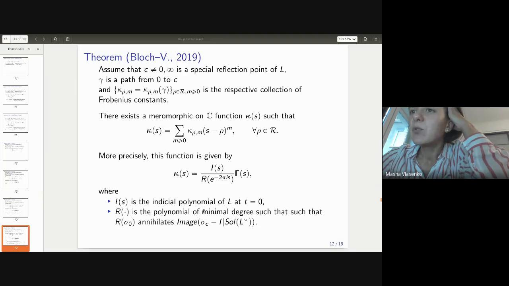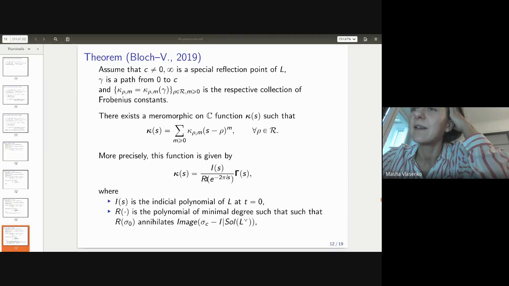It's defined as the polynomial of minimal degree such that R of sigma 0, where sigma 0 is the monodromy around 0, annihilates the image of sigma 0 minus I on the solutions of the dual differential operator. So it's a well-defined polynomial. If this image of solutions is spanned by some solution delta, as I used this notation in my slides, then R of sigma 0 kills delta.